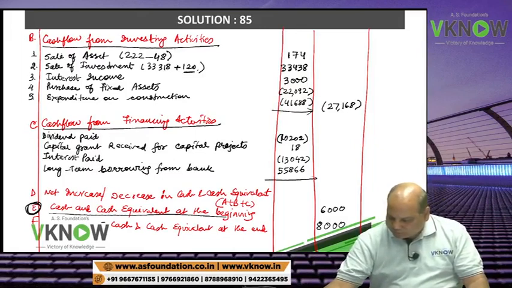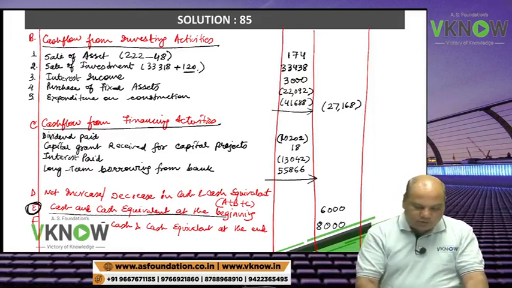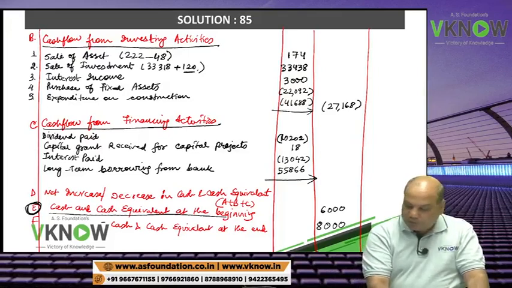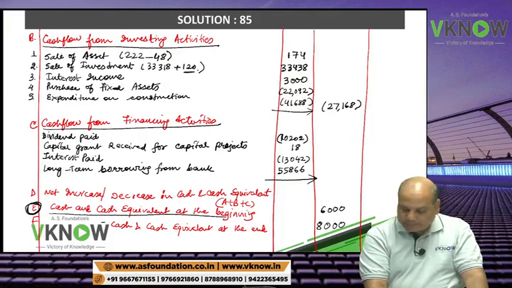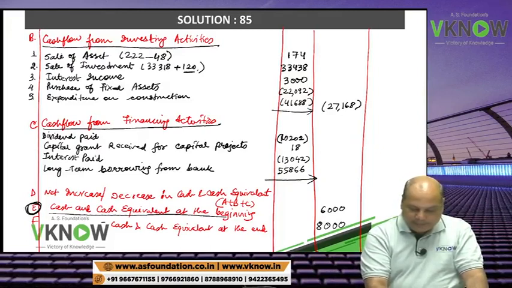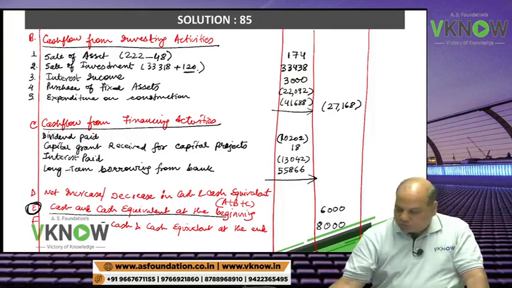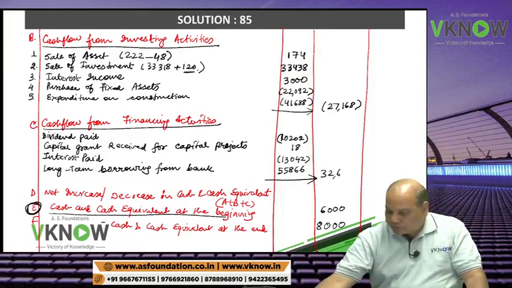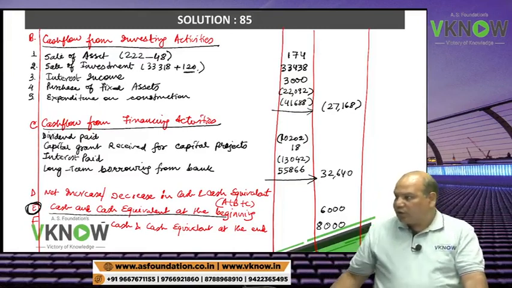No problem. Now take financing activity total. Anybody for financing activity total? So this is 32,640. Tanya is right.